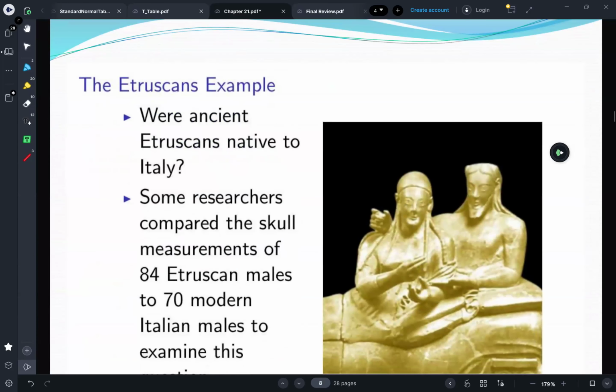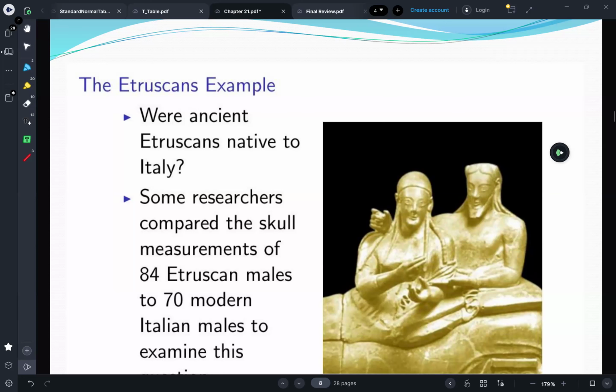So, studying two different populations, I literally have taken one of my PhD advisor's examples. It literally is two populations. We have the native Italians and the Etruscans, where they've found several skulls and bones in Italy, and they want to know if they were from that region.